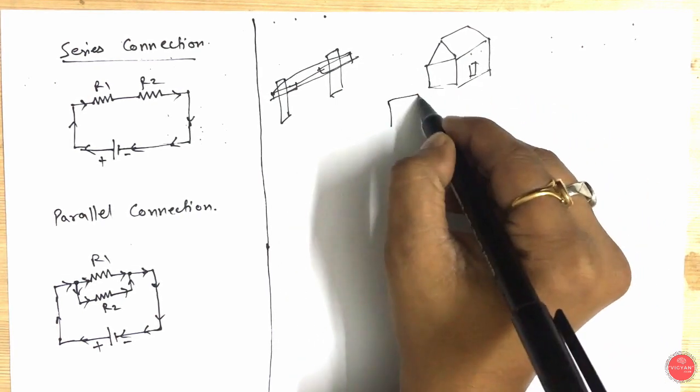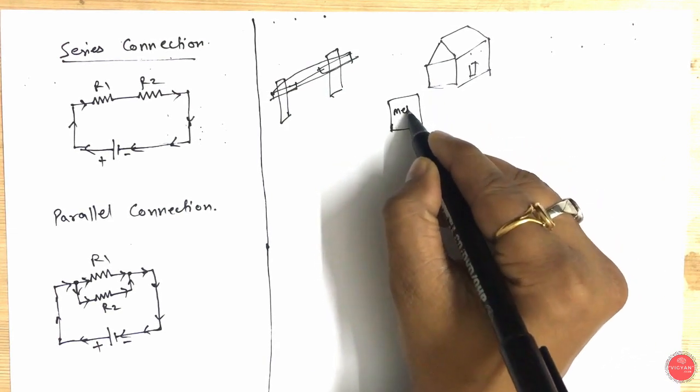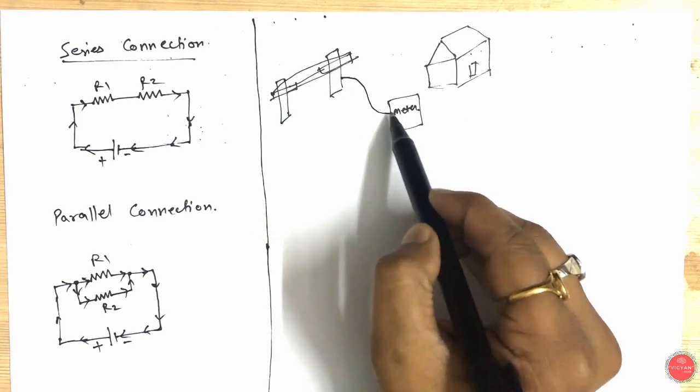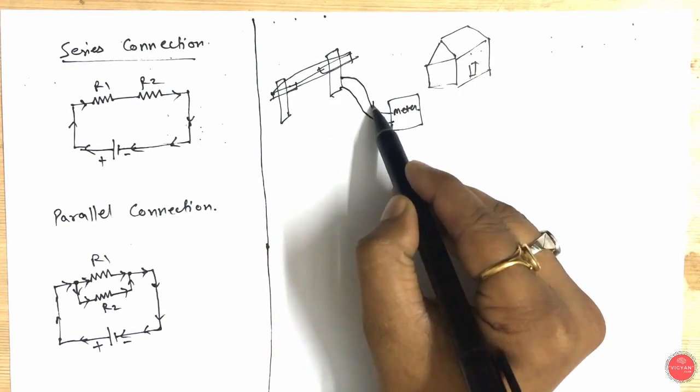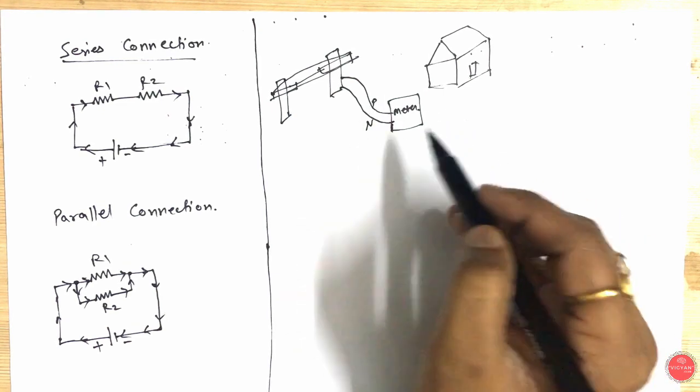Outside the house there is a box which records the electrical consumption of your house. We call this box the meter. The two wires from these poles go into the meter. The two wires are one phase and one neutral. Most people call them the live wire and the neutral wire.